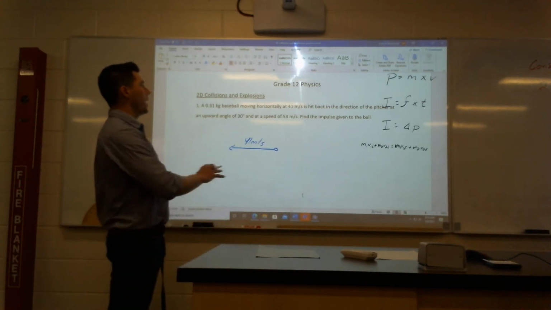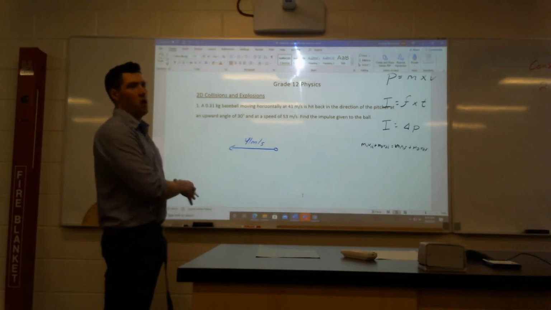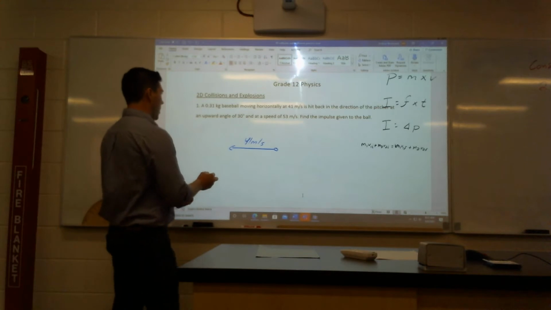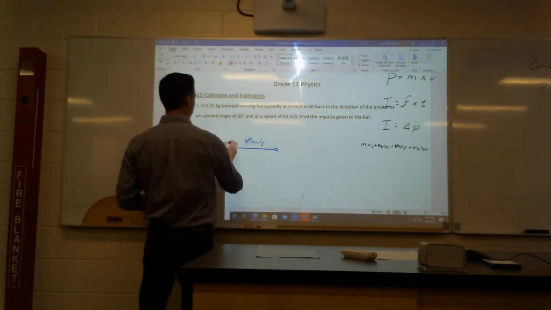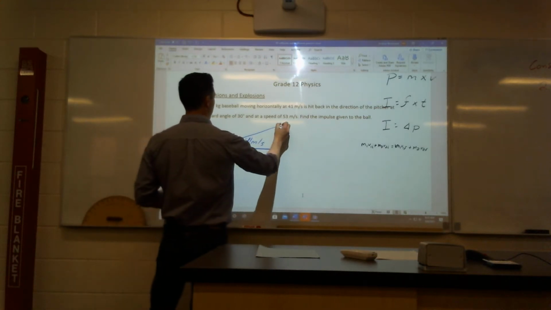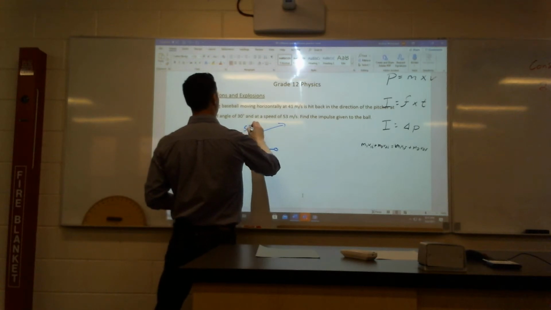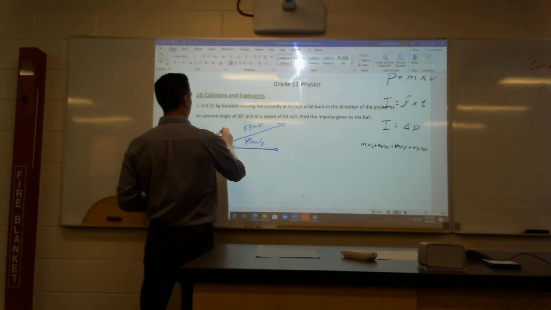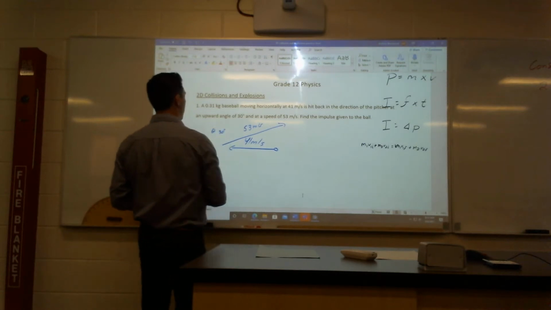It is then hit back in the direction of the pitcher, so basically the opposite direction, at an upward angle of 30 degrees, at a speed of 53. So if it was hit right here, it'd be going like this, 53 meters per second, again with 30 degrees, which I'll put over here as theta.